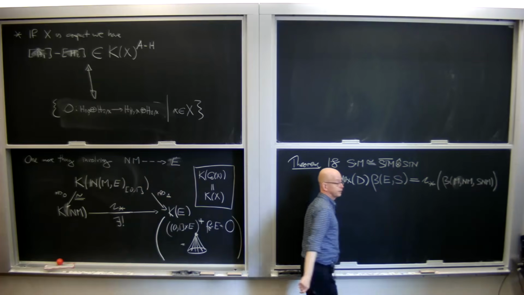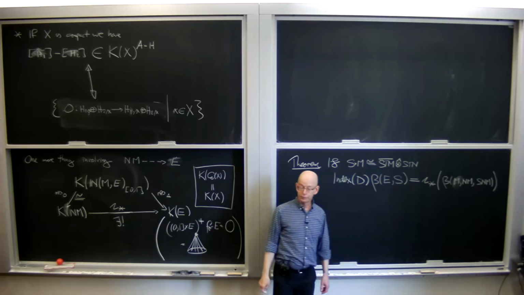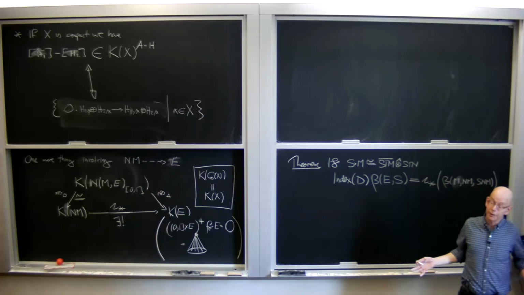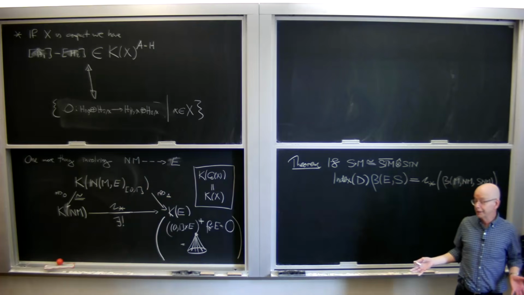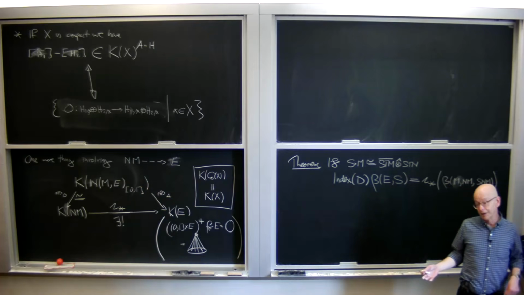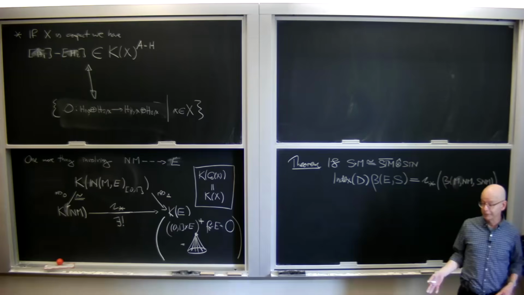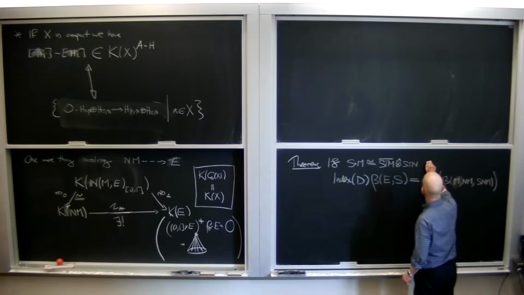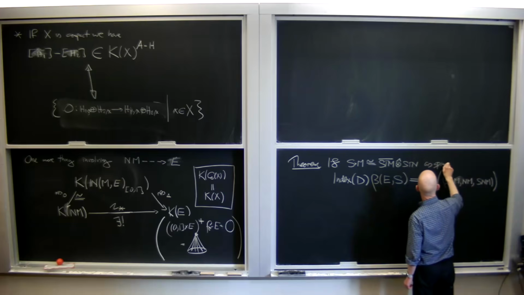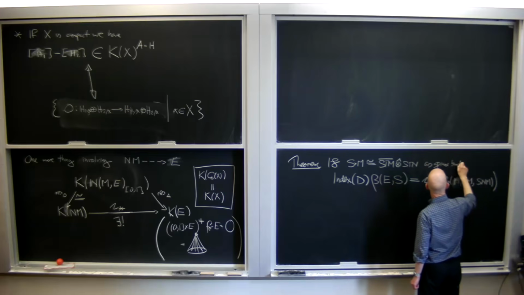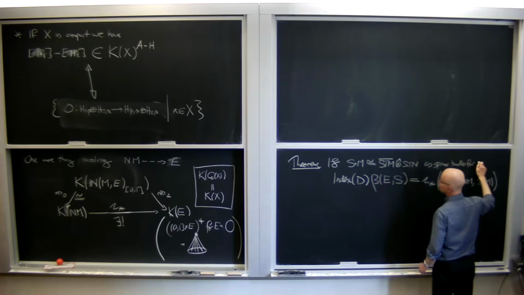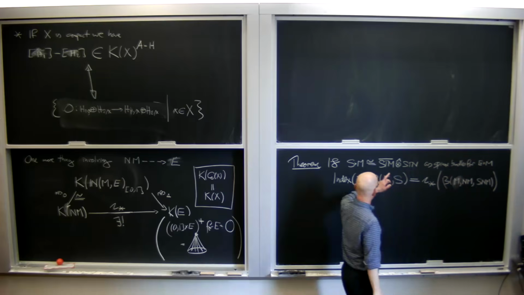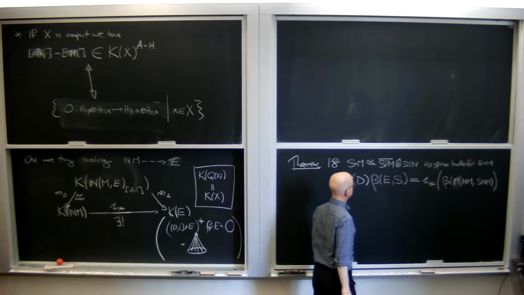The math tells you to put a bar over this. The bar of a complex vector bundle is the very same vector bundle, except you change complex multiplication. So lambda times a vector in the new sense, like I said last time, is lambda bar times the vector in the old sense. So this is as spinor bundles for the trivial bundle E times M, which is the direct sum of T of M and the normal bundle.